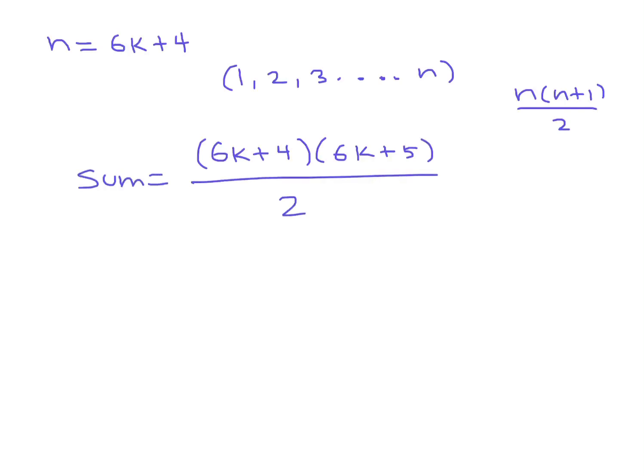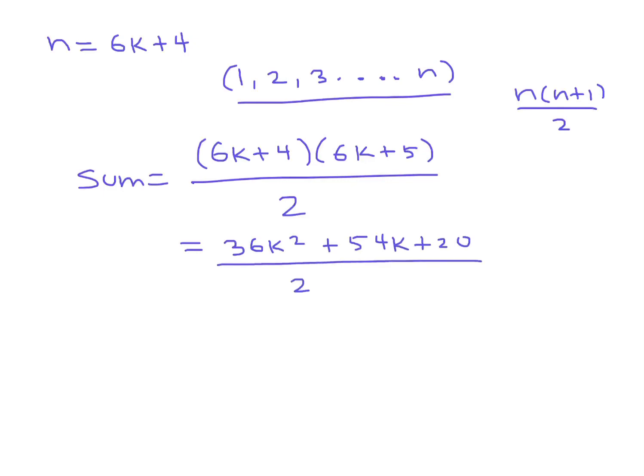This is our total sum of all these numbers here. And if you expand that, you get 36k squared plus 54k plus 20 all over 2. And if you divide through by 2, you get 18k squared plus 27k plus 10, like that.